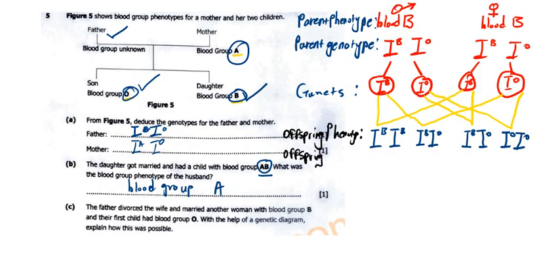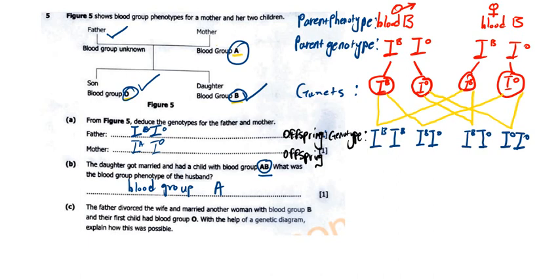Sorry, this is not phenotype, I made a mistake. This is what we call genotype, not phenotype. Our second one is the one which we are going to say phenotype, because remember, genotype is the inward expression. So we say genotype.